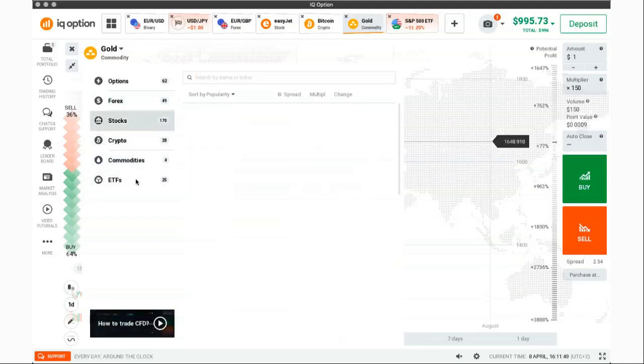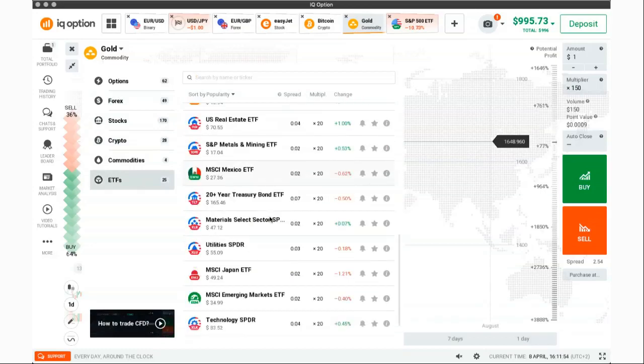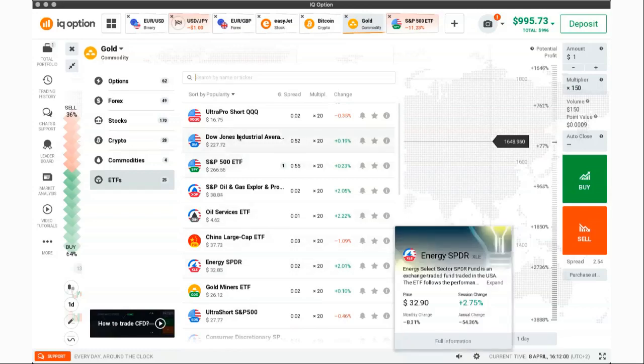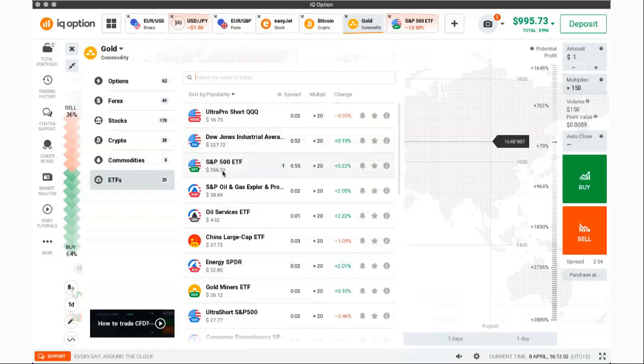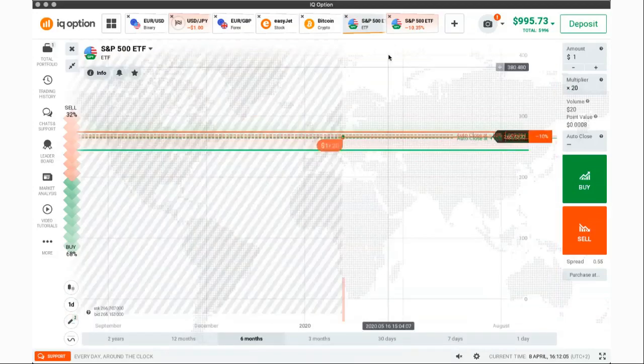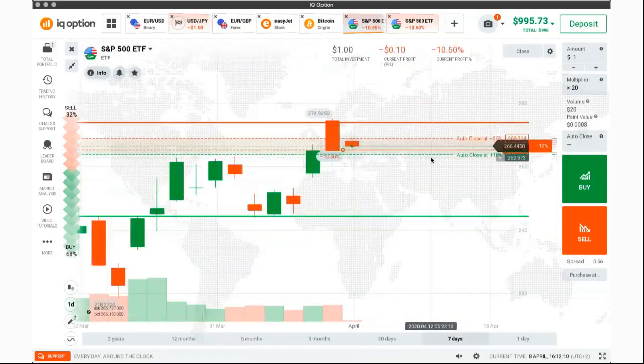And then ETFs are exchange traded funds. So these are funds that mimic other actual movements on the market. So when we see the Dow Jones and the S&P, this is mimicking the S&P 500, for example. So if I click on the S&P, you can see I opened that position earlier. I put my auto close positions here, let them do their own thing.